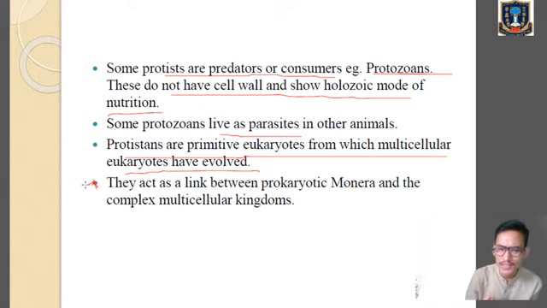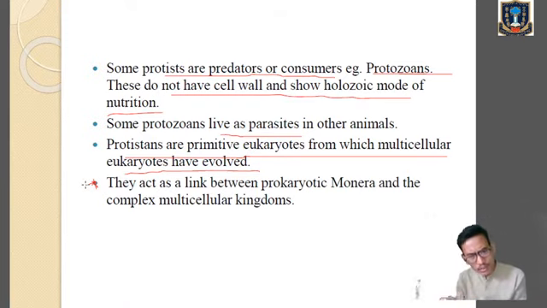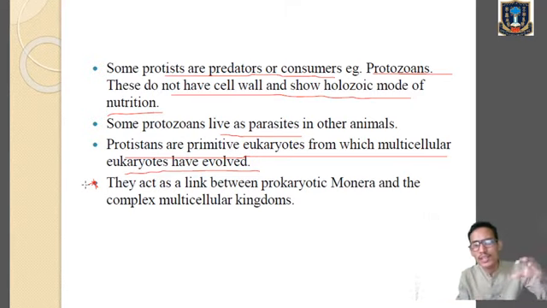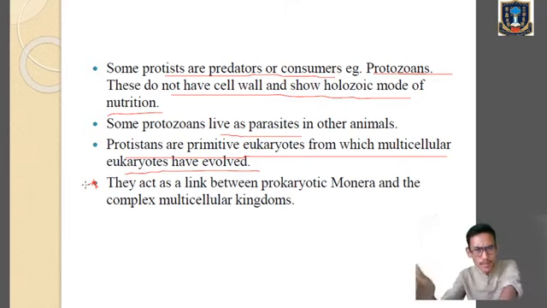So kingdom Protista acts as a connecting link between the kingdom Monera and the three complex multicellular kingdoms, meaning kingdom Fungi, kingdom Animalia and kingdom Plantae. Clear? So here we have finished the kingdom Protista also.